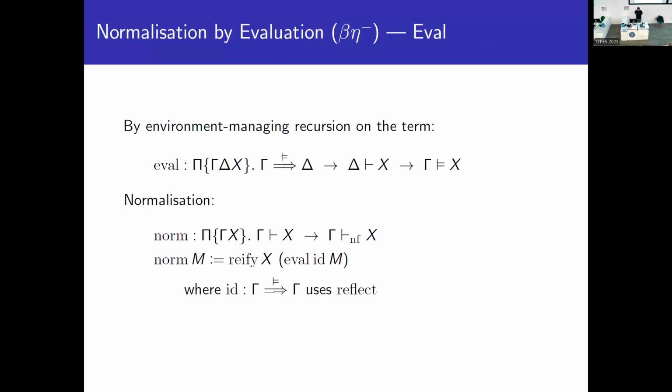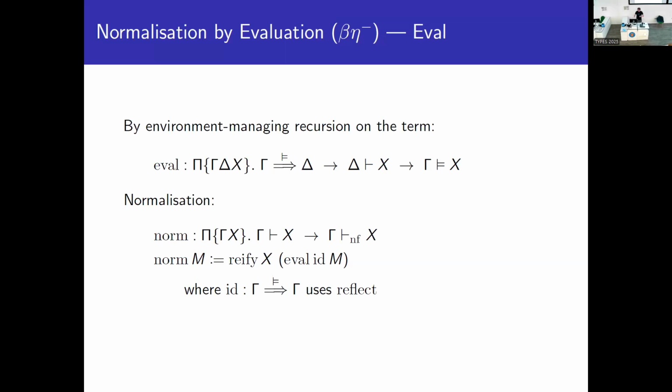This time the environment is saying, in context gamma, we have semantic values in the double turnstile for each thing in delta. It looks like a bit of a composition, right? We go from gamma to delta, we go from delta to x, and then eval does the composition. That is by what I call environment-managing recursion on the term.